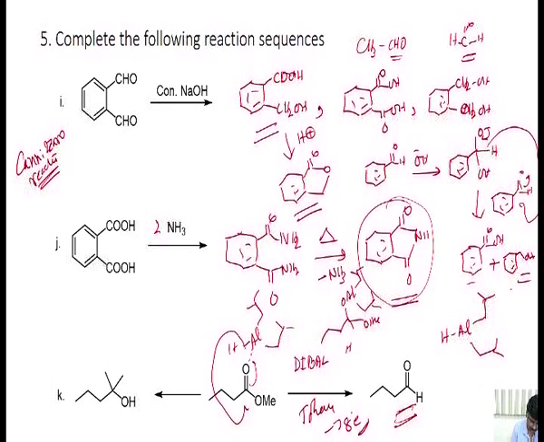Ester can be reacted with Grignard reagent. Here when you react with excess methyl magnesium bromide, two equivalents of methyl magnesium bromide, it can convert into tertiary alcohol.